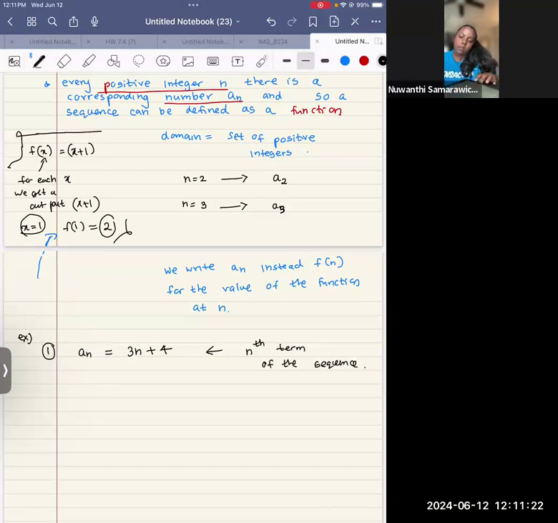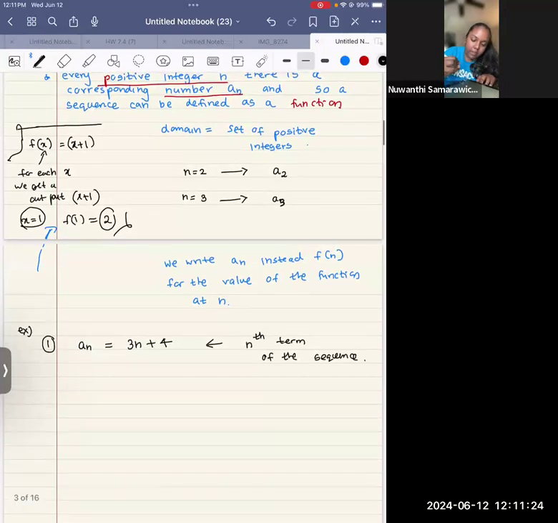Can you all list the first 4 numbers of the sequence?